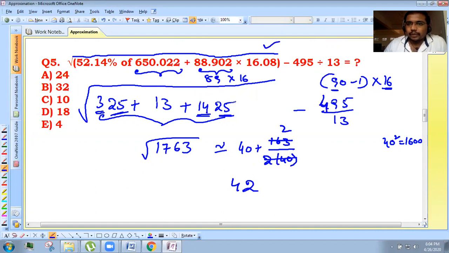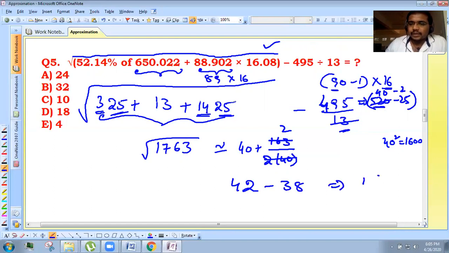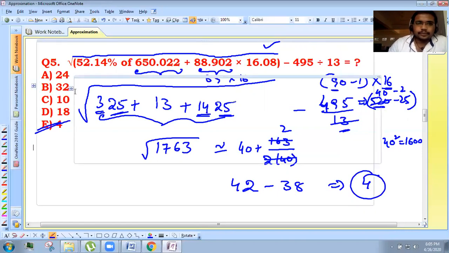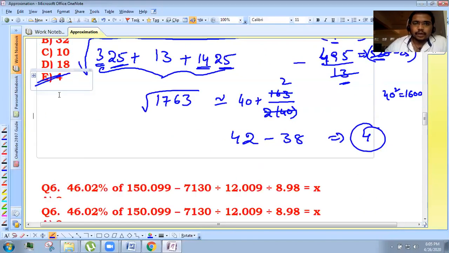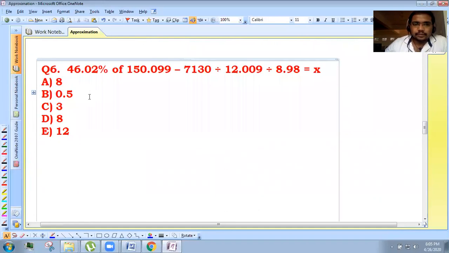Minus 495 by 13. This is nothing but 520 minus 25. Why are you taking 520? Because 52 is a multiple of 13. 13 cancel how many times? 4 times. 40 minus 2 times, that is 38. 42 minus 38. Answer is 4. So option is E. Option is 4. Answer is E.